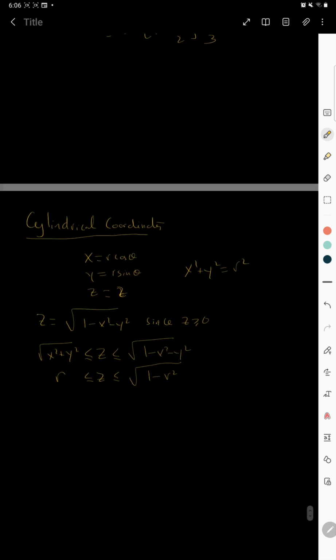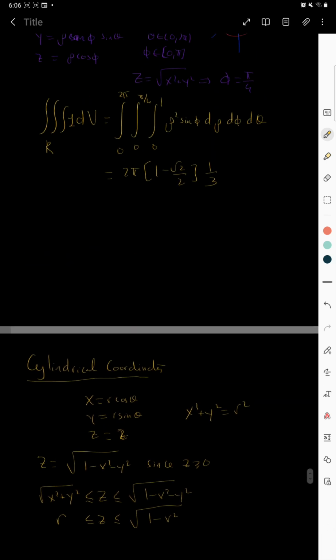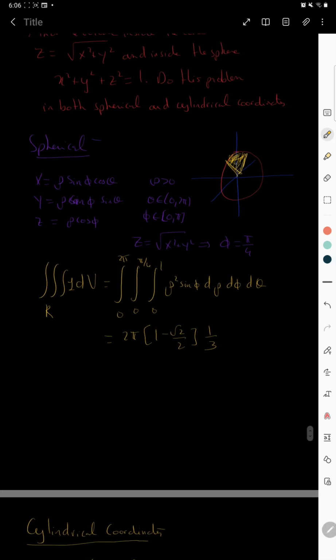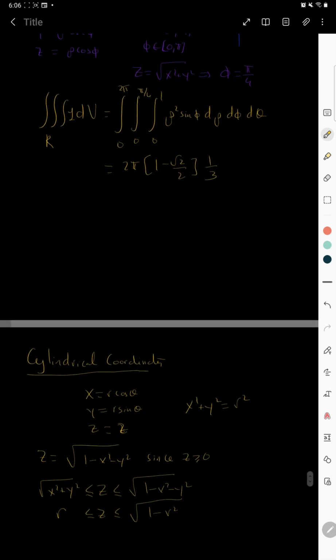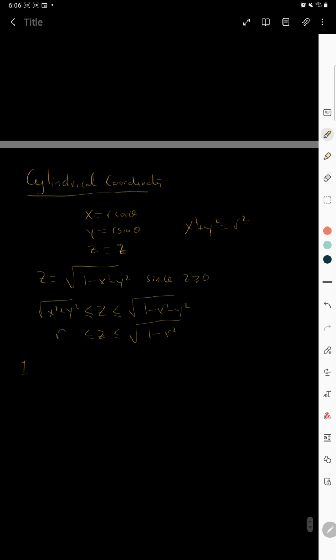Now I figured out where z ranges. I technically need to look at the intersection of the cone and the sphere.